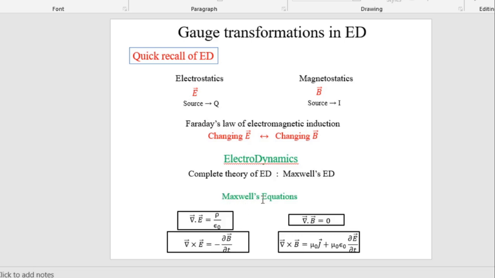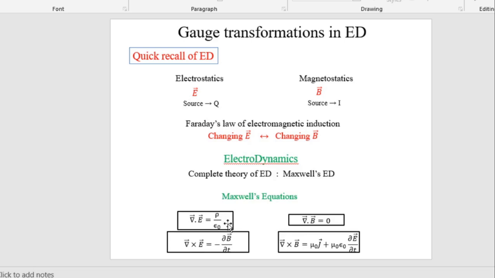Maxwell's theory of electrodynamics is basically composed of four well-known equations, which are known as Maxwell's equations.